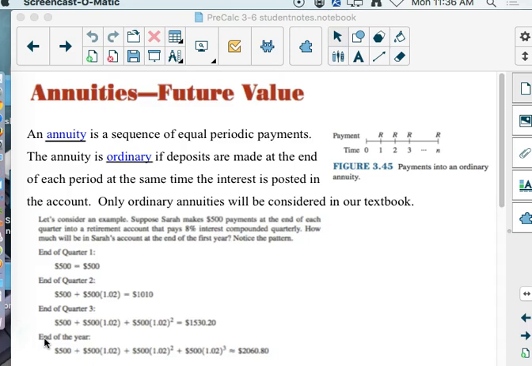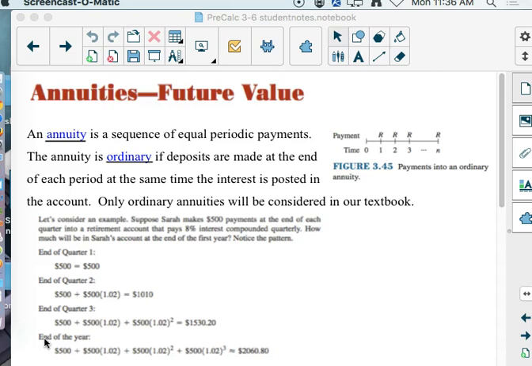So the R's up here are the payments that are received. And then the numbers that you see below would be the time period that this would normally be given interest. Is it quarterly? Is it monthly? What is it?